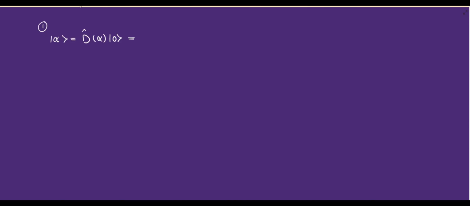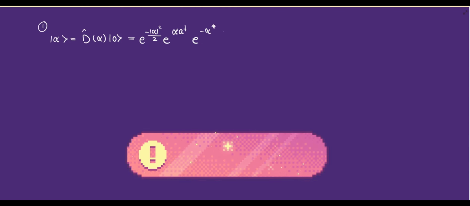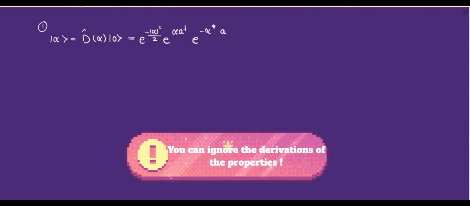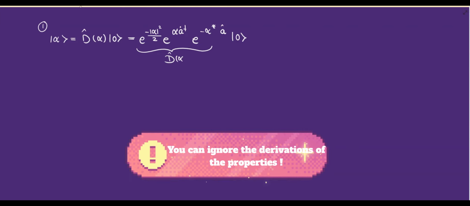This is the definition of the coherent state, and this is what we had derived regarding the displacement operator when we decomposed it using the definitions above, where these are the creation and annihilation operators.